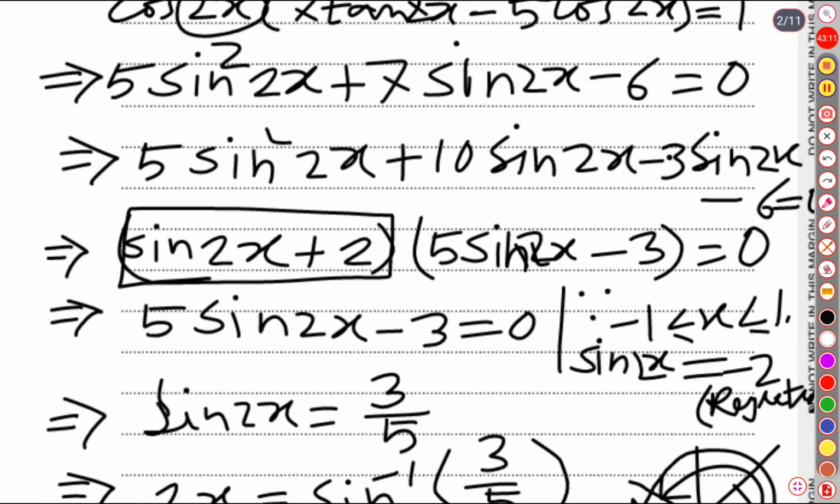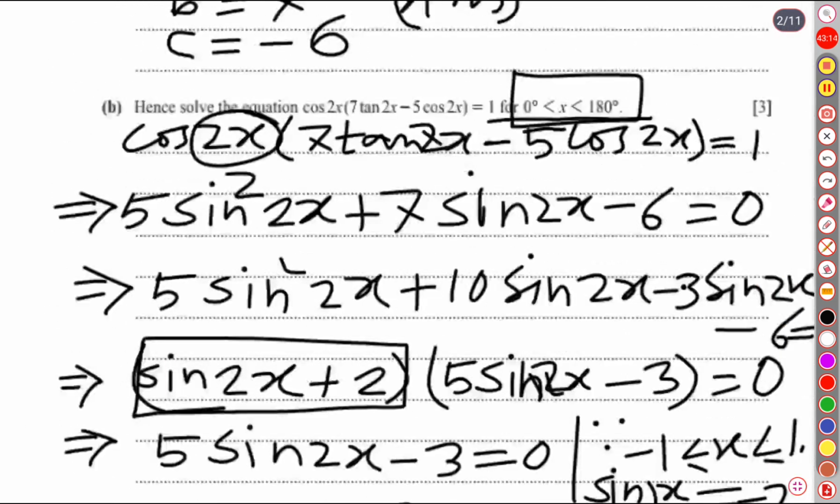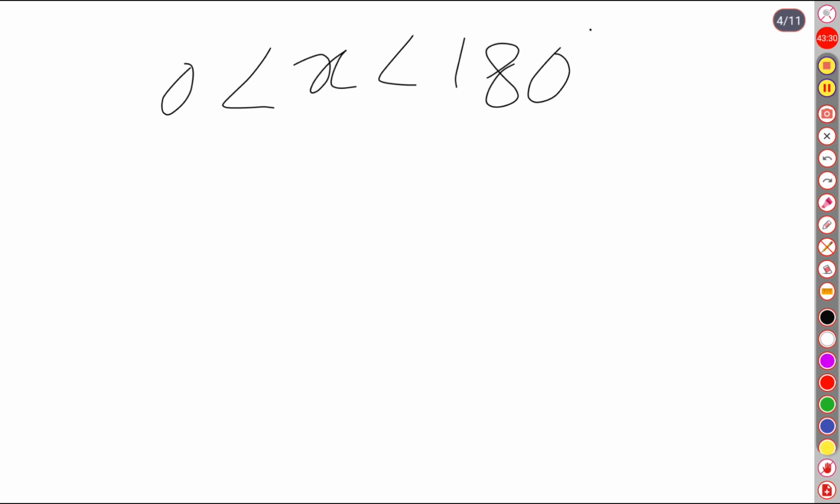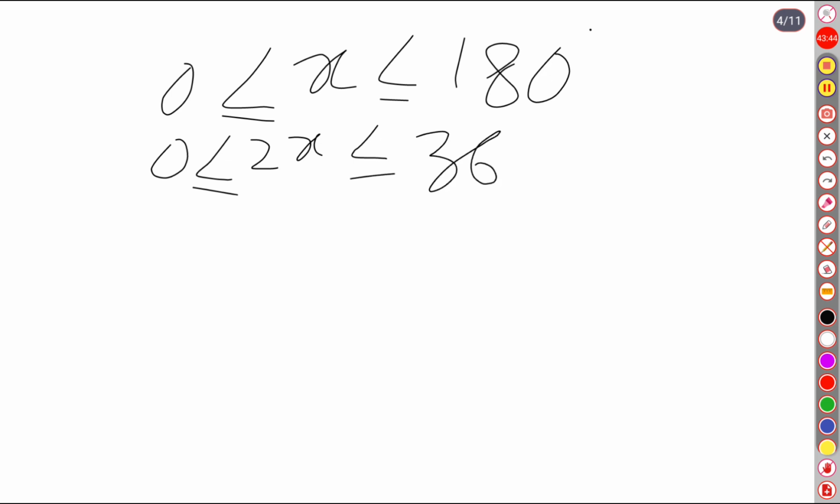The curve was actually enlarged with the scale factor 2. So if we multiply 0 by 2, it is 0, this is twice x, then this is going to be 360. That means here there is no negative value at all.